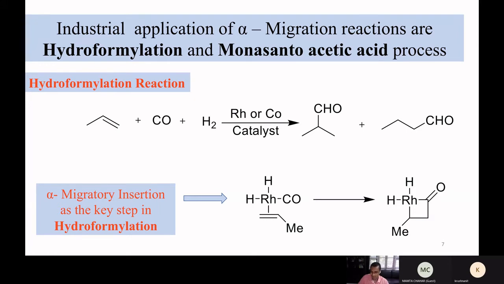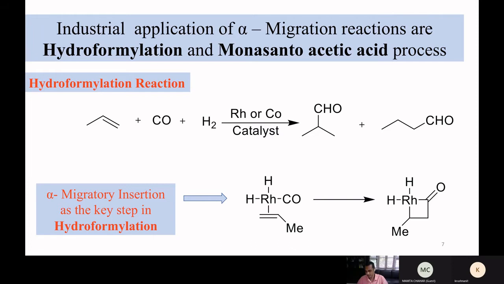These two product formations are competing, depending usually on the reaction conditions, often the ligand on the metal center. We can control one product formation predominantly over the other, so there exists an opportunity to create one product versus another.